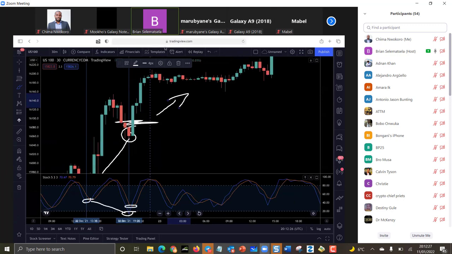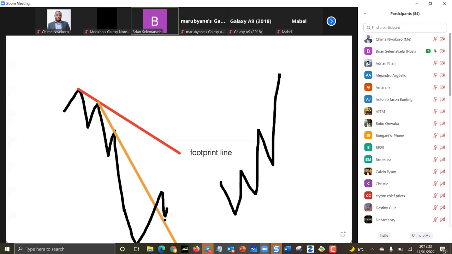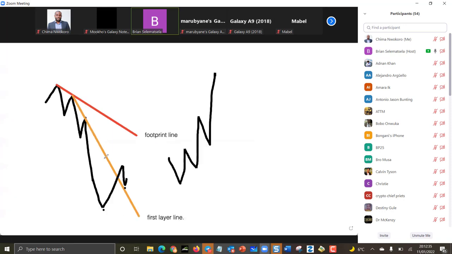The same technique that I just showed, you're going to be using between these 2 points, and you'll be taking your buy here. If I take a buy, the market will go in your direction.